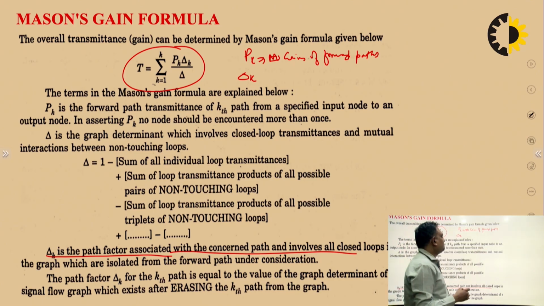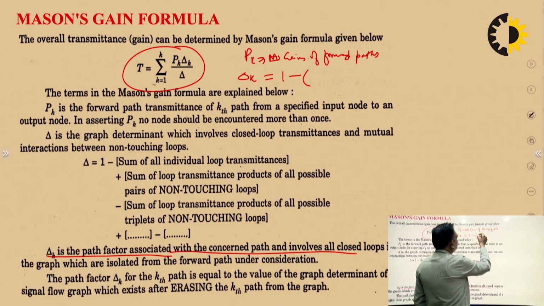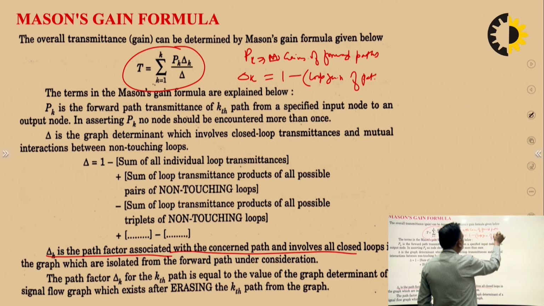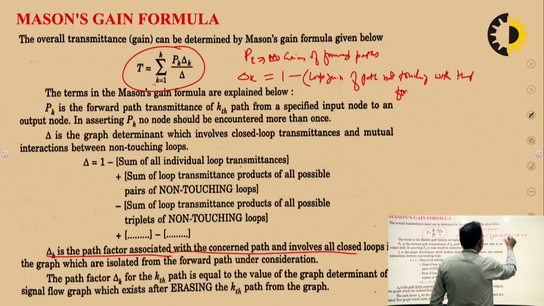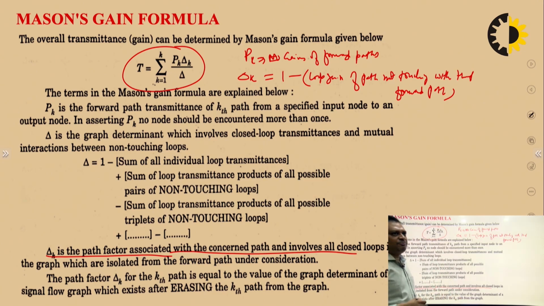If all loops are connected to that forward path, then delta k is 1. Otherwise, it is 1 minus the loop gains of the loops not touching that forward path. So if there are 5 paths, there will be 5 values of path factor: delta 1, delta 2, delta 3, delta 4, delta 5, and delta.